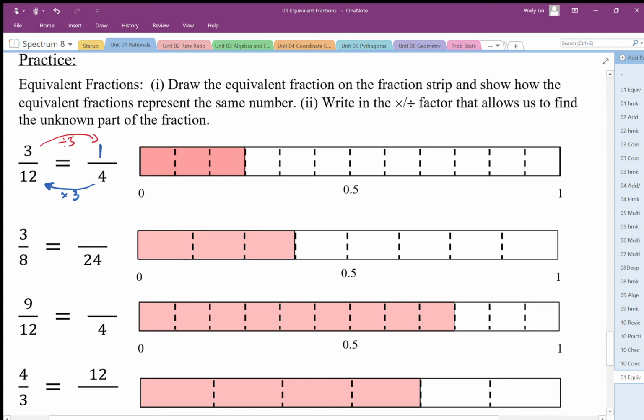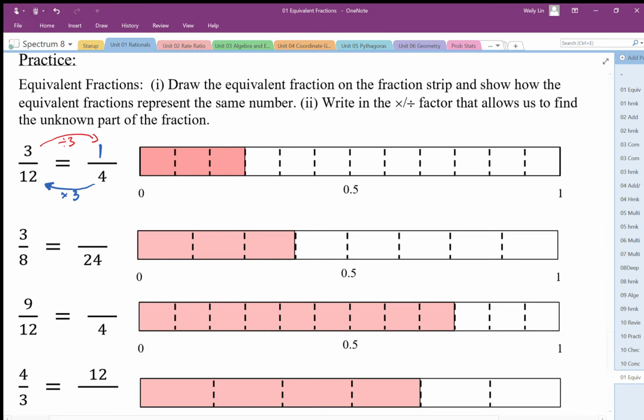I want you to show these factors for all of these problems, for your homework as well. I also want to see the direction, whether you're timesing in this direction or dividing in this direction. We can times this way and divide this way, and it's entirely consistent.